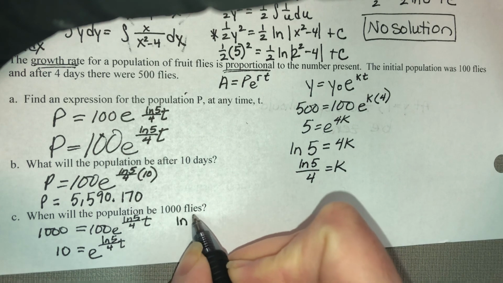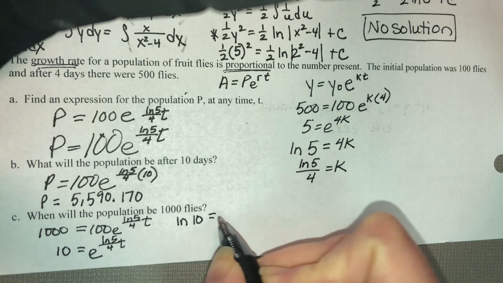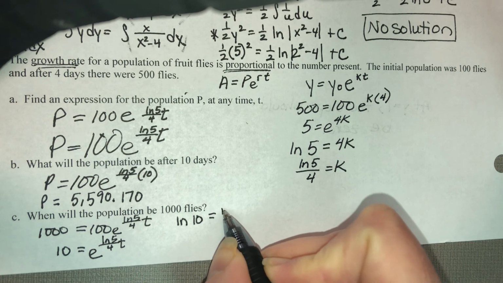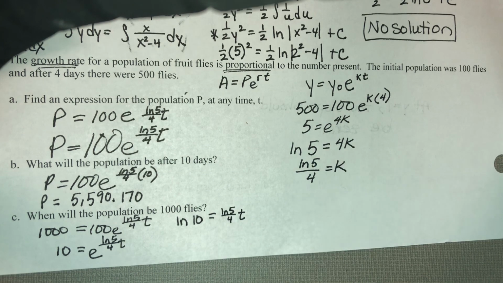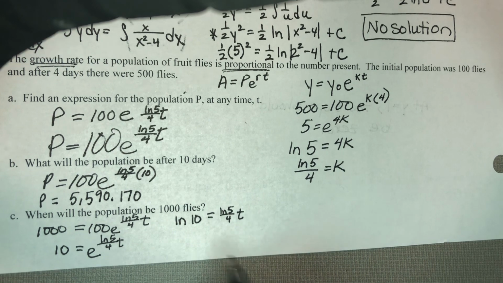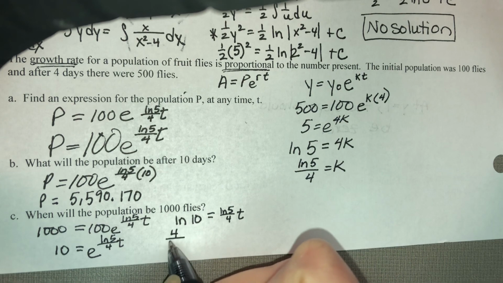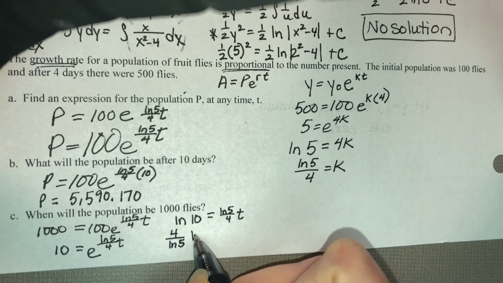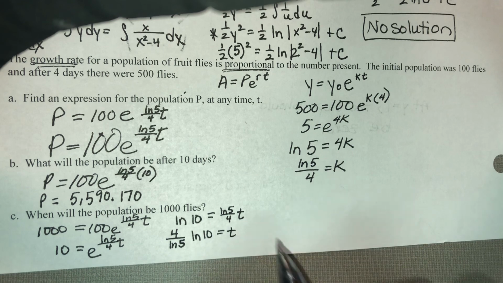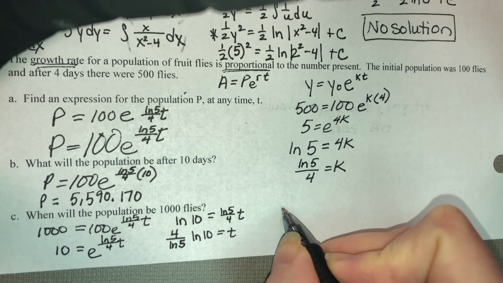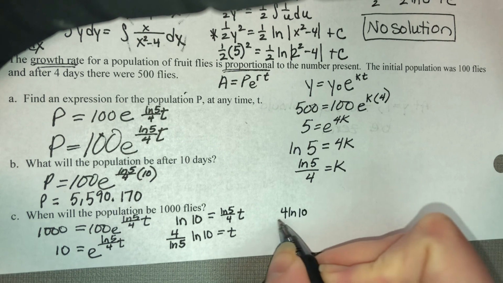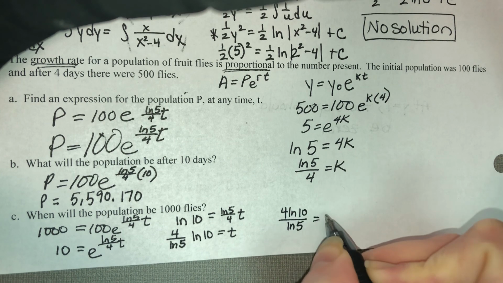The natural log of 10 is equal to the power, natural log of 5 over 4 t. And then to get the t by itself, since I've got t times a fraction, I'm going to multiply by the reciprocal on both sides. So 4 over the natural log of 5 times the natural log of 10 is equal to t. Or you could just write that as one fraction, which would probably look better: 4 natural log of 10 over natural log of 5 equals t.